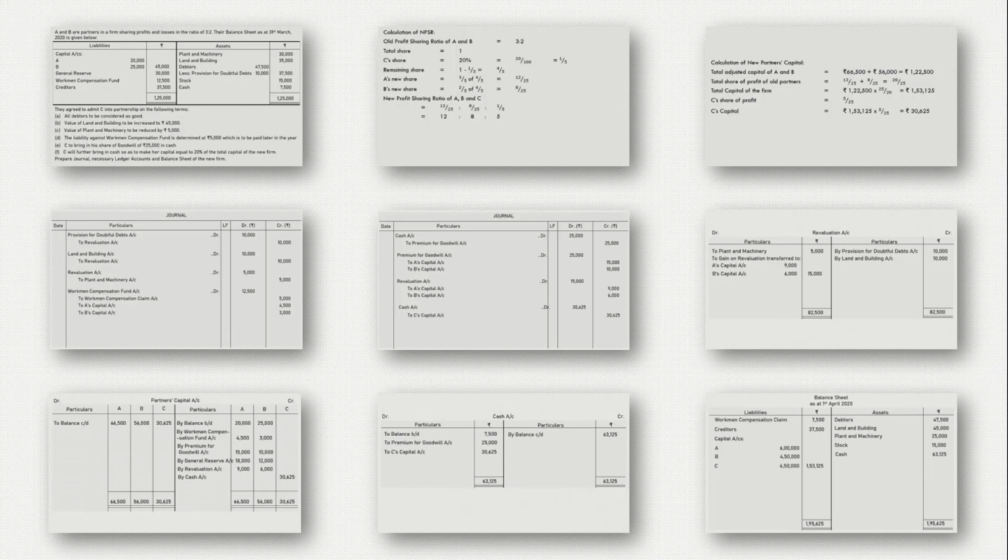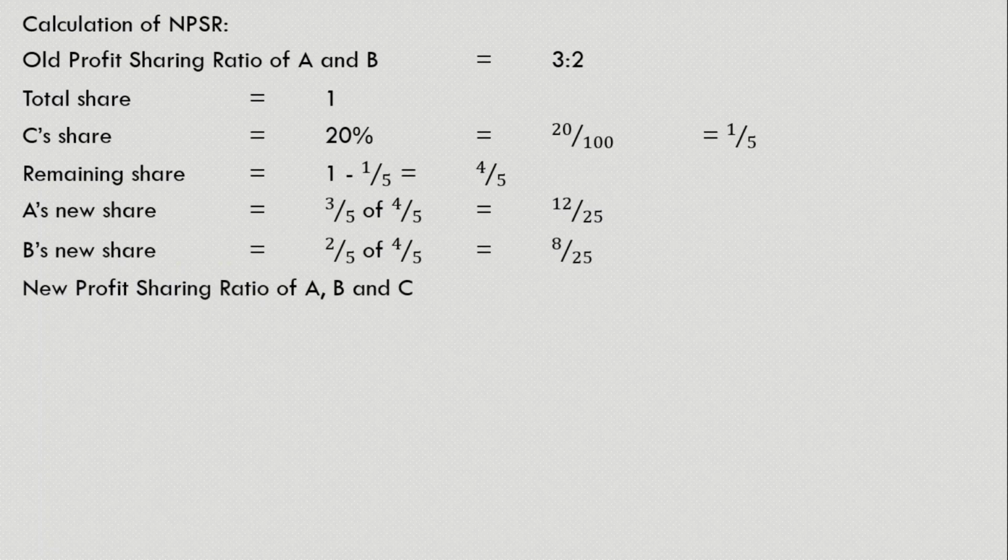But here I will not do that. Why? You saw our calculation of the new profit sharing ratio. Here you will see that whatever remaining share was there, 4 by 5, was distributed among A and B in their old ratio only. So in this type of problem, when you are given the old profit sharing ratio and the new share directly as a percentage or a fraction, the old profit sharing ratio is our sacrificing ratio also.